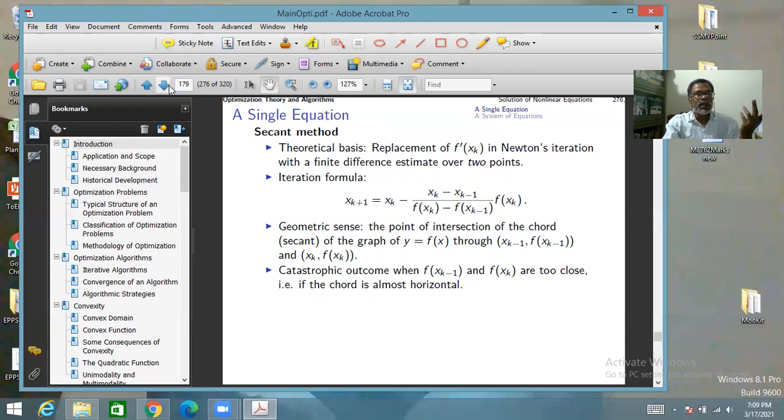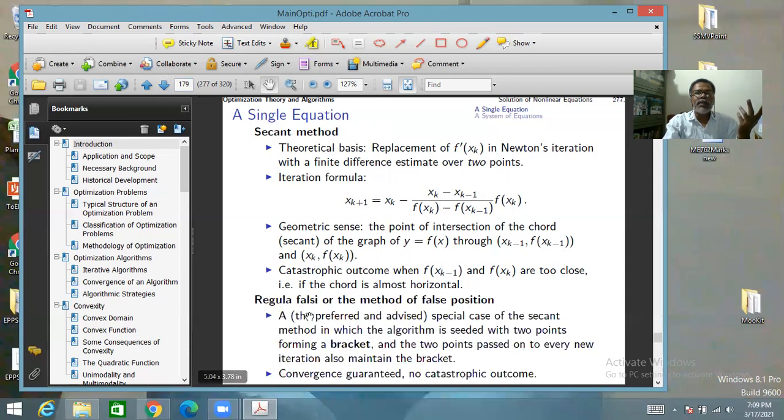If you ensure that, then the method that you have is the method of false position, which is also a secant method, because that also operates based on the secant, but that is a special case. This is the advised way of using the secant method, because if you have to operate with 2 points, then why not start with a bracket and use those 2 points and go on with the iterations. And in this case, convergence is guaranteed.